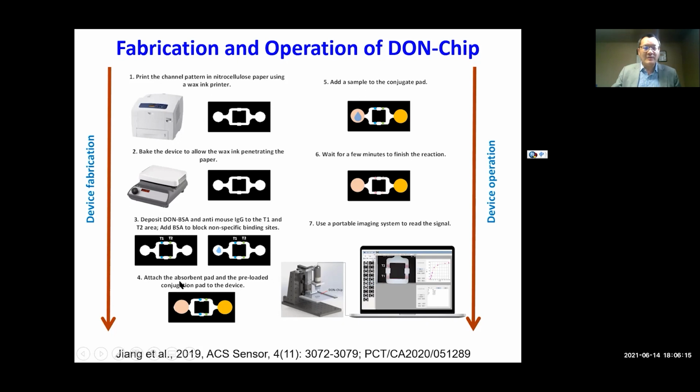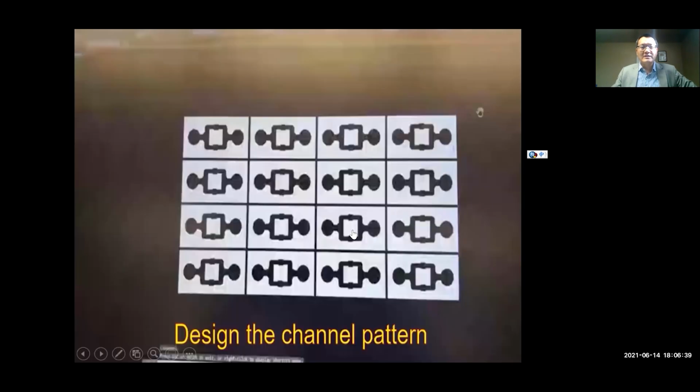And then attach the absorbent pad and the pre-loaded conjugate pad to the device, and then add a sample to the conjugate pad, and wait a few minutes to finish the reaction, and then use the portable image system to read the signal, and then analyze the data. This you can see in the video. You can see the design of the channel pattern.